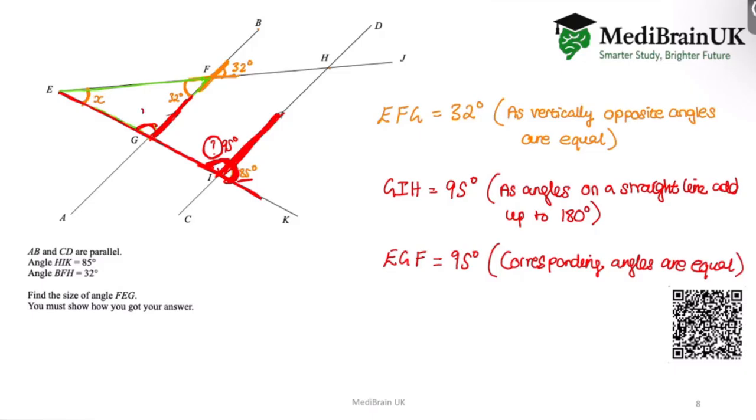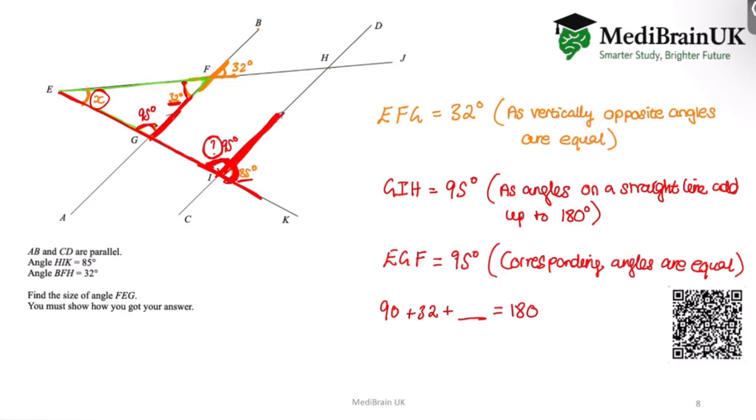Okay, so now we know that this angle over here is 95 degrees, and this angle over here is 32 degrees. We can work out what this angle X is going to be, because angles in a triangle add up to 180 degrees. So 95 add 32 add something gives you 180 degrees.